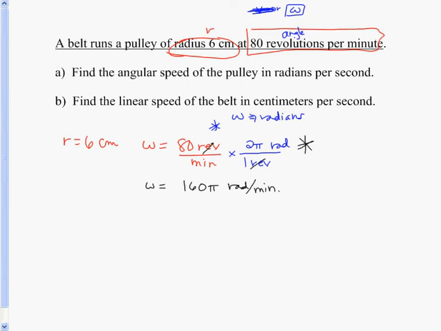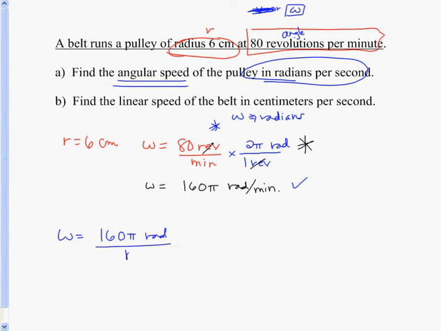First question asks me to find the angular speed or angular velocity in radians per second. I am almost there. So I'm going to take what I have. I have 160 pi radians per minute. And look guys, you can write the radians per minute like this, or you can write it like this. It just doesn't matter. Know that the radians per minute are on bottom. And I need to go to radians per second. So 1 minute is equal to 60 seconds.